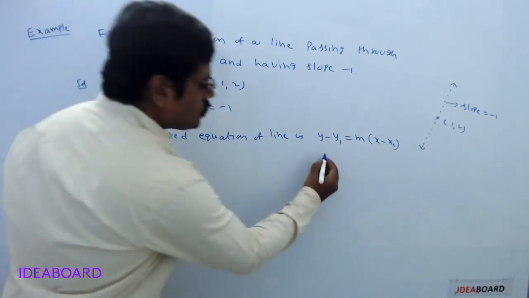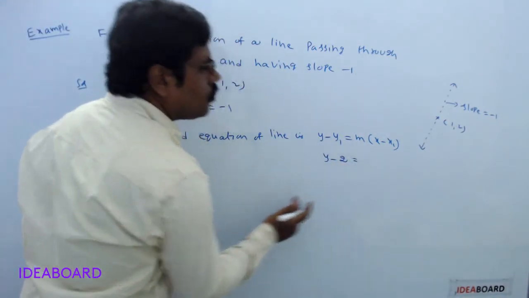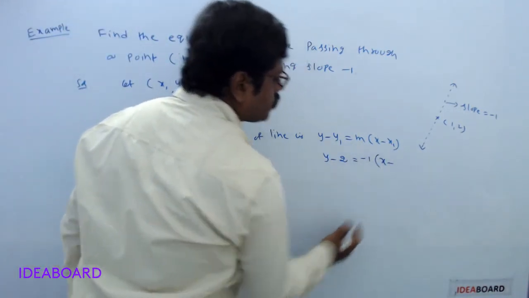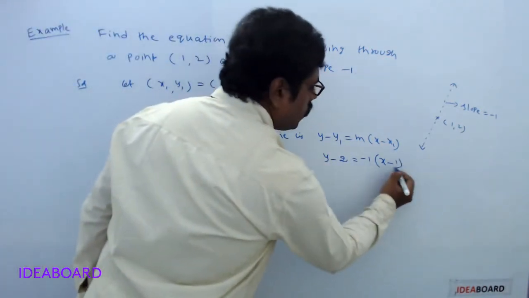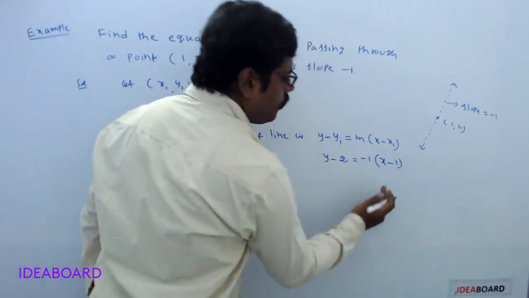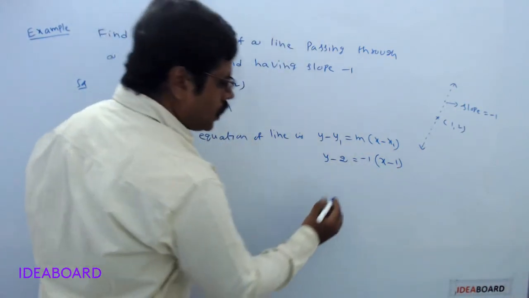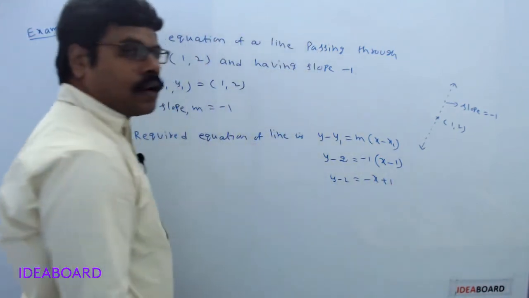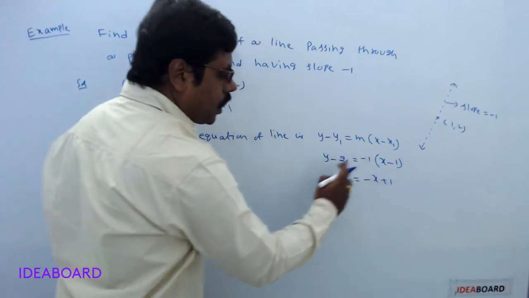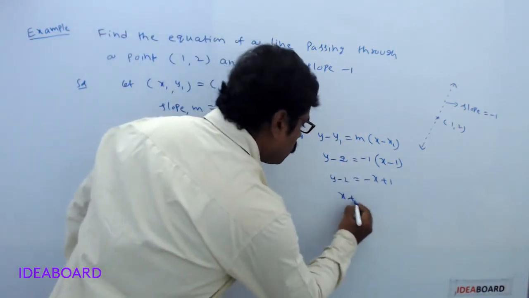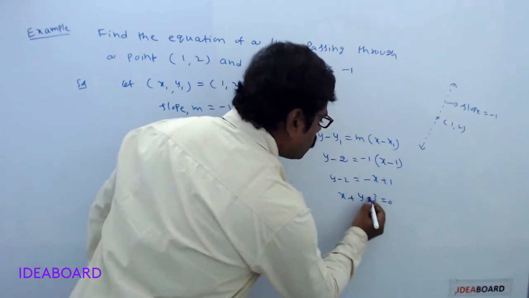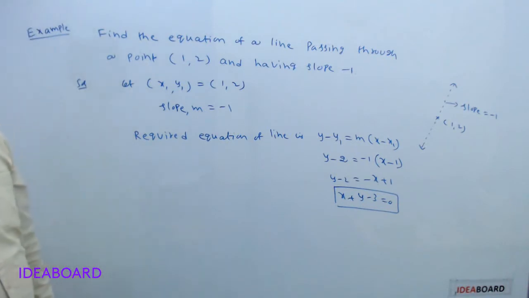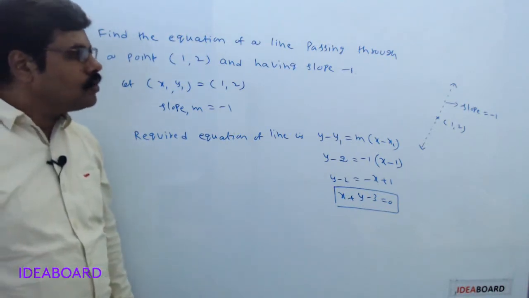Substitute the corresponding values. y minus 2, m value minus 1, into x minus 1. Now multiply these two terms with the negative sign. y minus 2 equals minus x plus 1. Now bring these terms from RHS to LHS. So x plus y minus 3 equals 0. So the required equation of the line is x plus y minus 3 equal to 0.